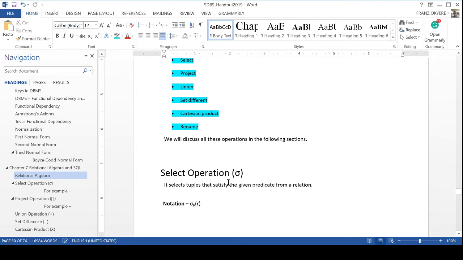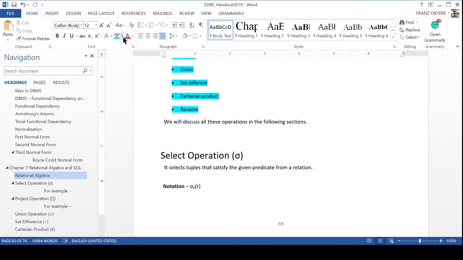And then the operators are this, for example, the select operator. So let's look at the select operator. With the select operator, we have a symbol that we want to actually use. What do we mean by select operation? If we have relations and we have a select operation, what does it do to the relation? Think about if you have a table and you want to do a select, what does it do?